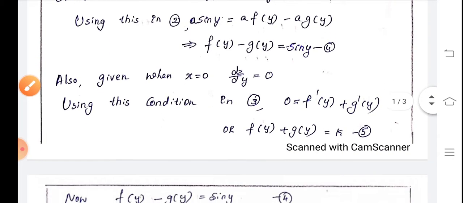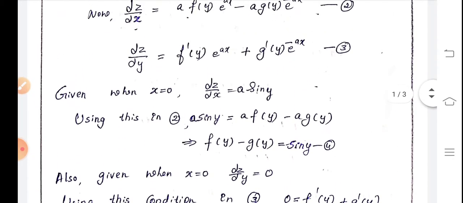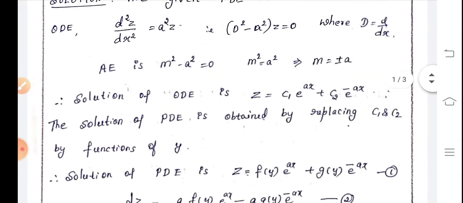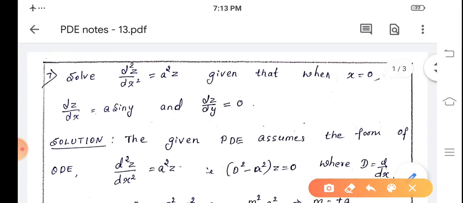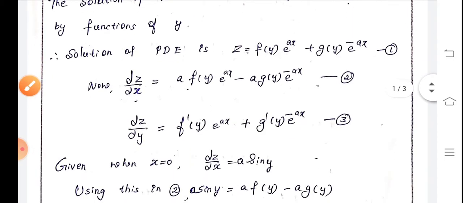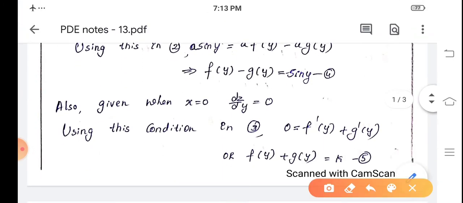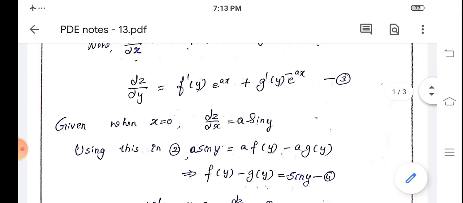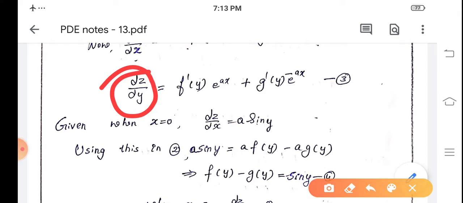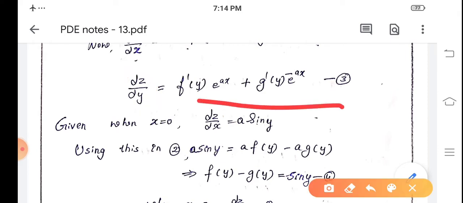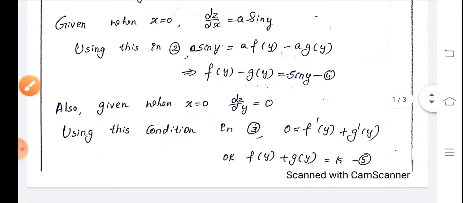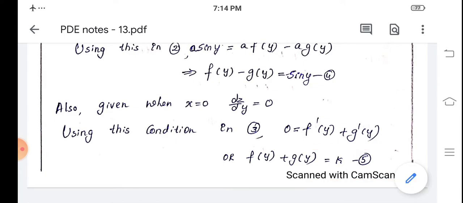Now we can use the second condition. Given that when x = 0, ∂z/∂y = 0. So using this condition in equation 3, we put x = 0, then we get 0 = f'(y) + g'(y).